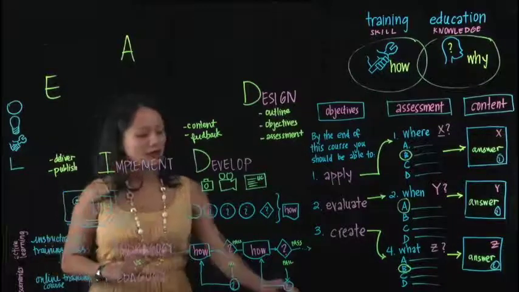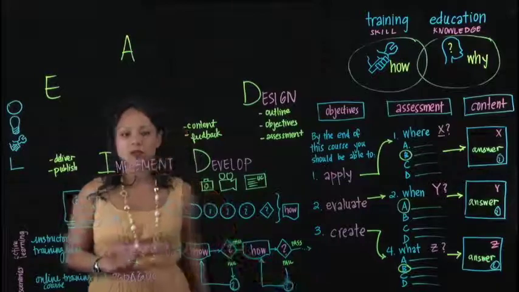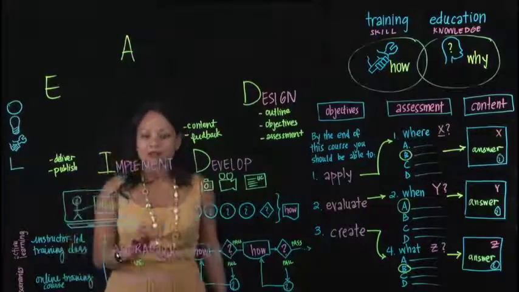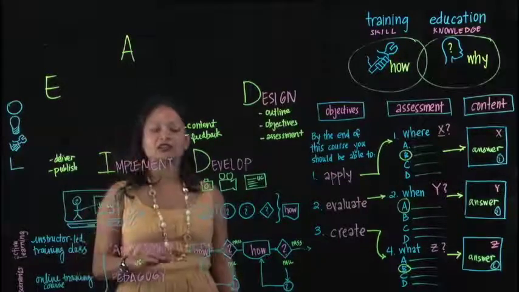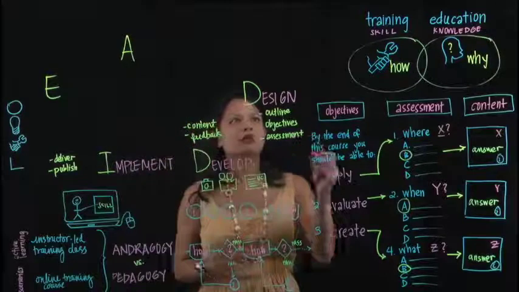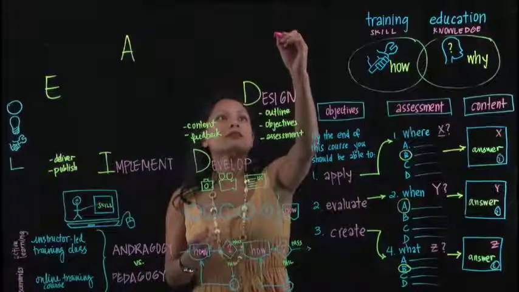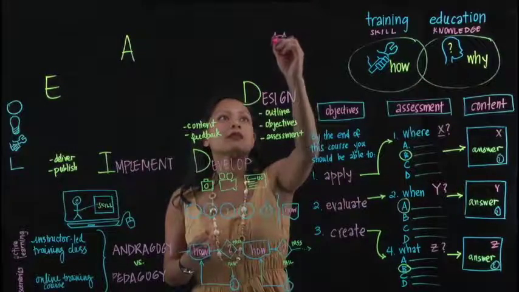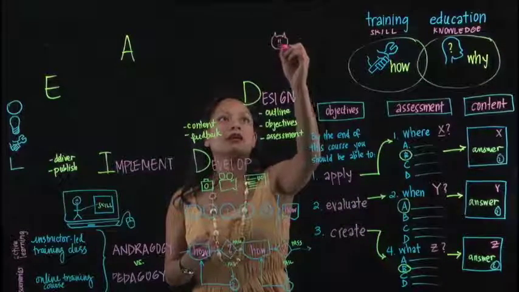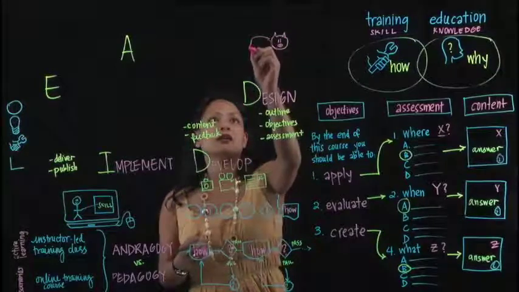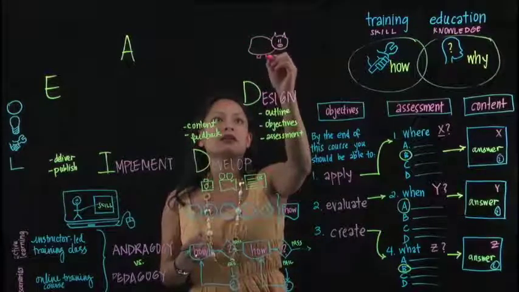One of my favorite educational philosophers, Paulo Freire, said that traditional pedagogy often treats students as if they were vessels to be filled up with information. Kind of like a piggy bank, right?